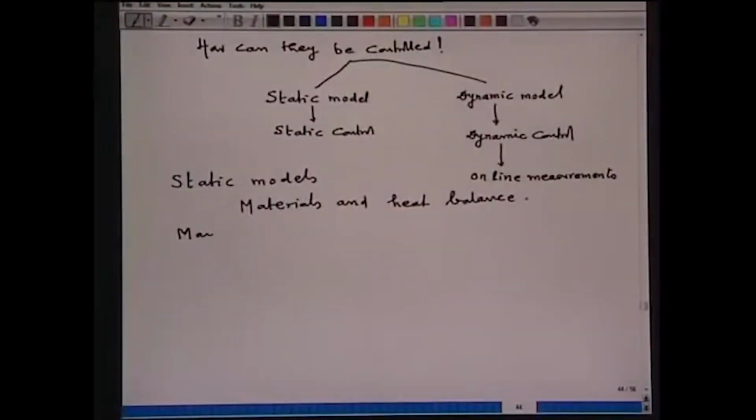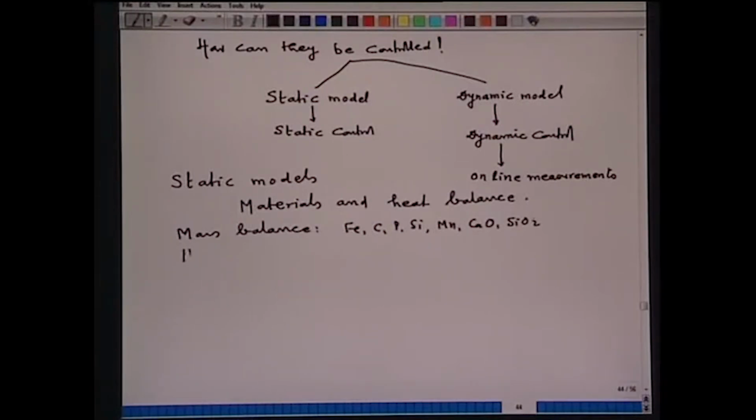Now, mass balance or material balance, whichever way, is done of all elements, for example, iron, carbon, phosphorus, silicon, manganese, calcium oxide, SiO2 and whatever oxides are present.